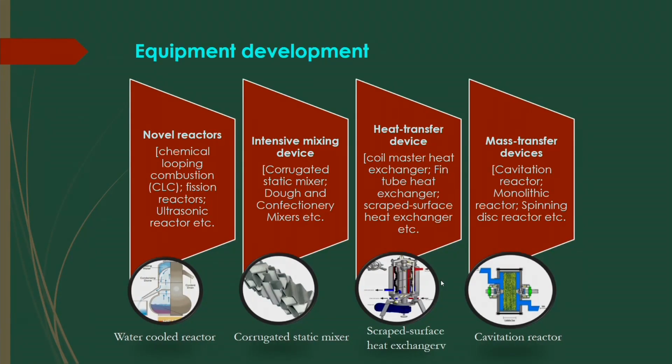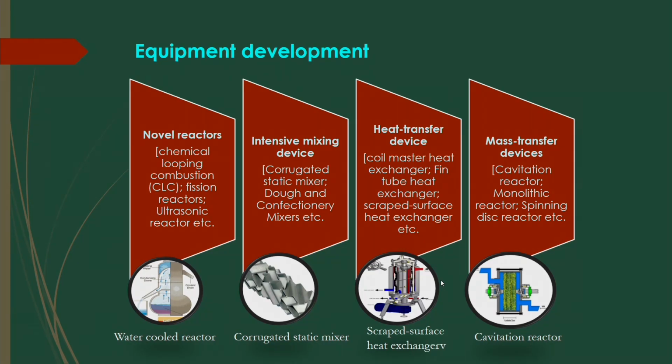In that case you can mix the solid in a homogeneous manner based on different flow patterns. Other intensified devices are the corrugated static mixer and Duff and confectionery mixers. These are some examples of intensified equipment or mixing devices that are commercially used. Heat transfer devices like the coil master heat exchanger.